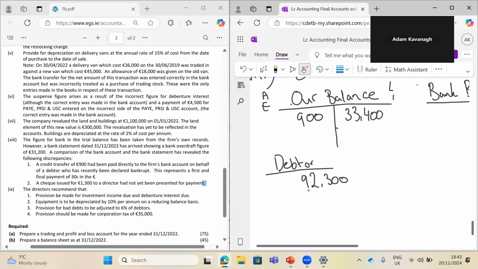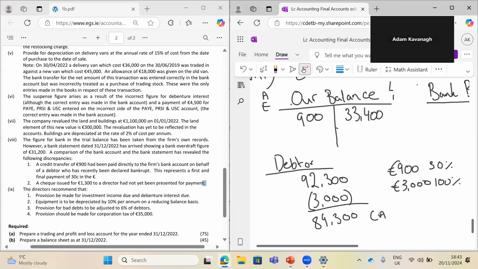Debtors is 92,300. I know when we're removing debtors, we need to see, well, how much did they owe us in total? So it says we received €900, which represents 30%. So 100% is going to equal €3,000. Okay, so that's how much we're going to take out of debtors, 3,000, to give you 89,300. Debtors is a current asset.